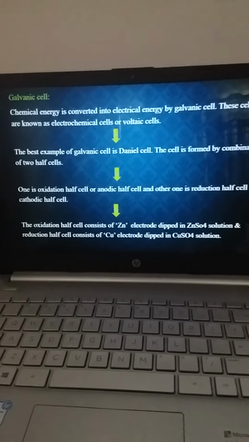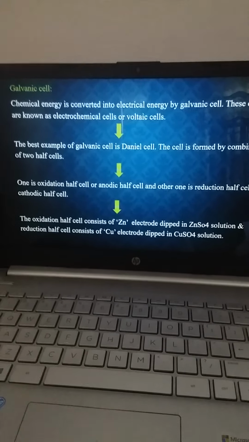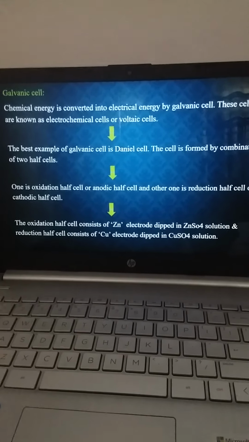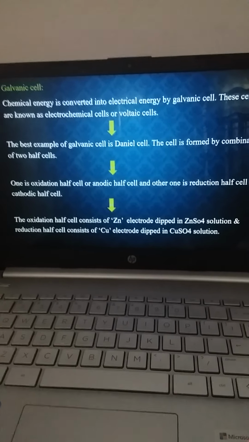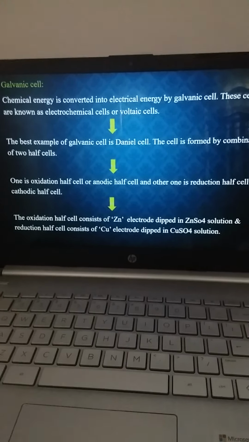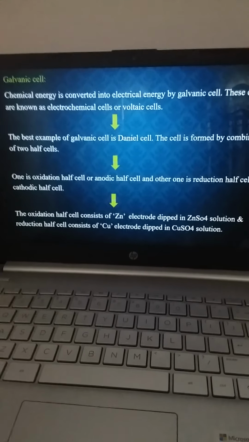The cell is formed by the combination of two half cells. One is the oxidation half cell, called the anodic half cell, and the other is the reduction half cell, called the cathodic half cell.